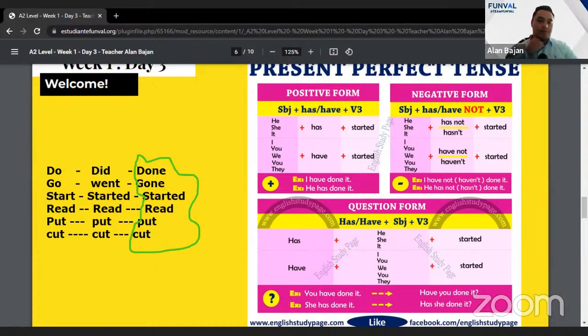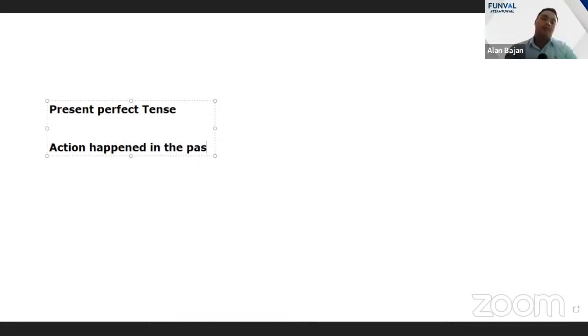Do you have any questions about present perfect tense? Let's go to the definition then. So, for example, in present perfect tense, we have an action that happened in the past with continuity in the present.